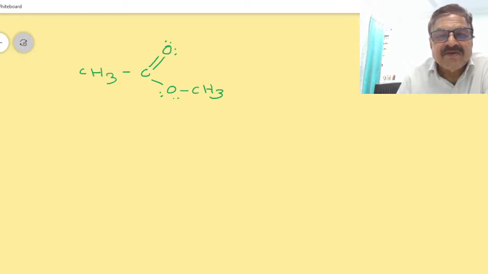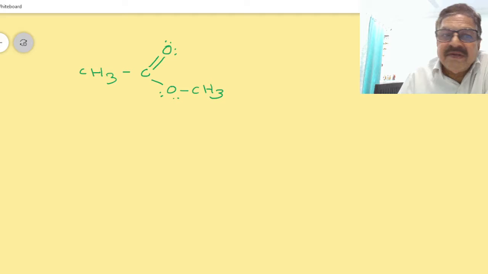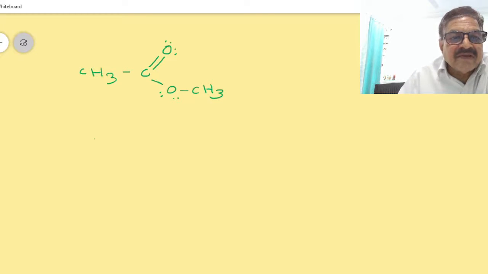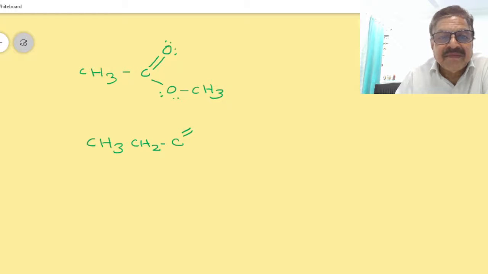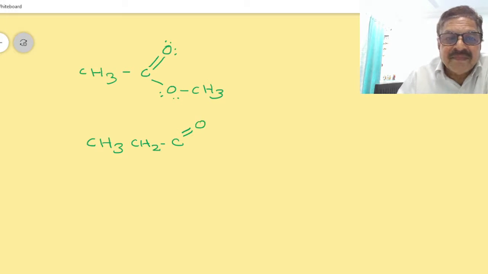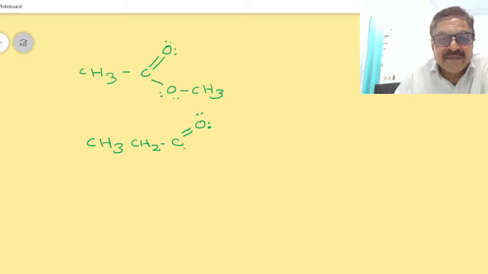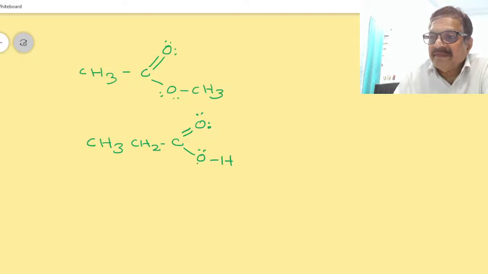This is one structure, and another structure I am drawing here: CH3, CH2, then C=O, OH. These compounds are isomers.